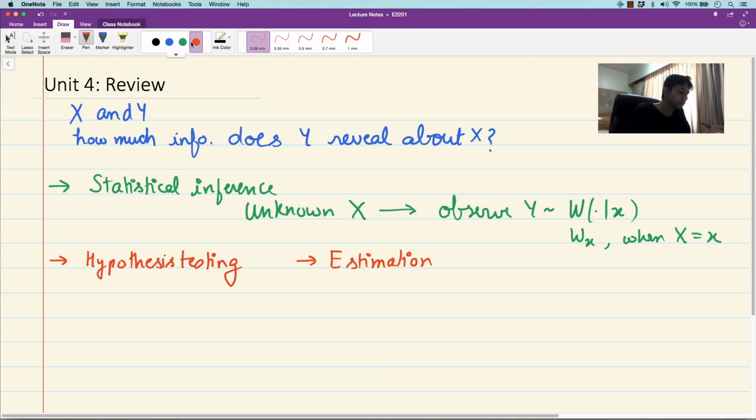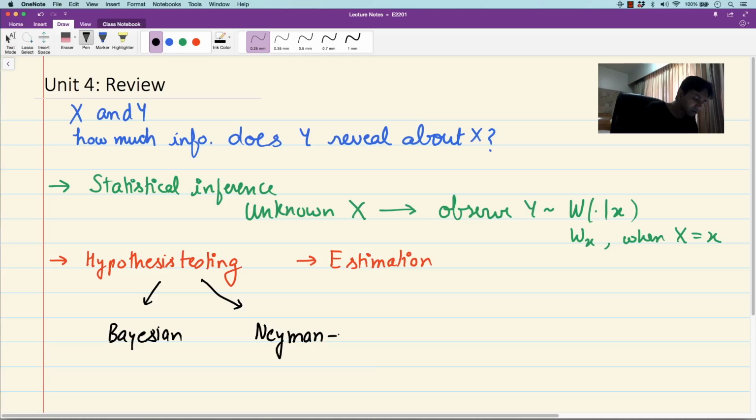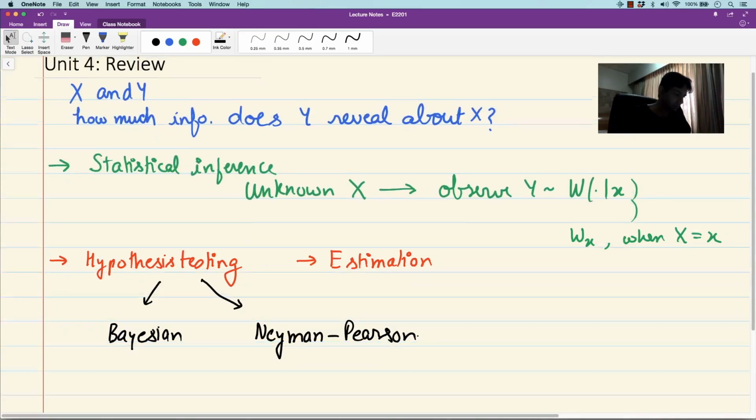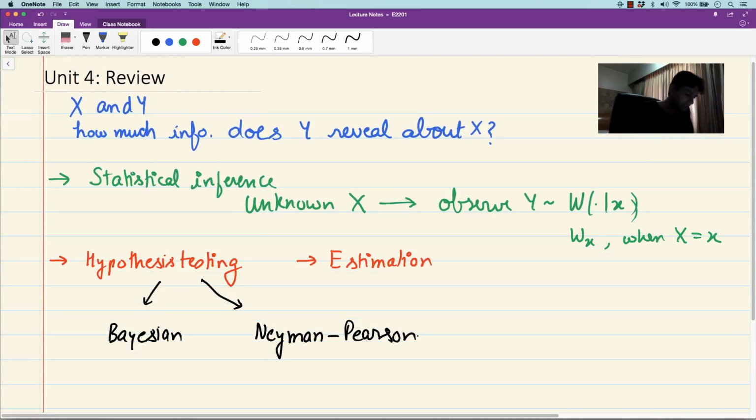In fact, we saw two different variants of the hypothesis testing problem. We saw a Bayesian formulation, and we saw the Neyman-Pearson formulation. In the Bayesian formulation, there is a prior belief on the probabilities with which X takes different values.